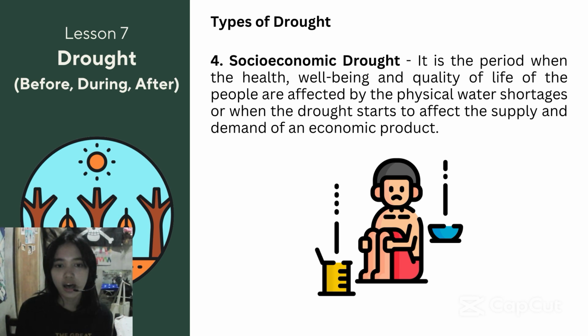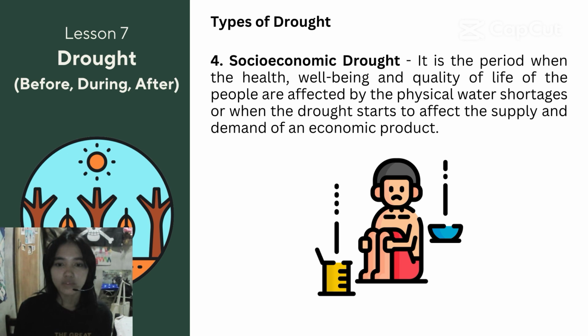And usahay nga tungod sa kakulangan sa tubig, ang mga tao kay mangayo na lang sa uban nga country or magpa-support na lang sa uban nga country since kanang mala namang gyud kayo ang ilahang water supply dadto. So ma-consider na siya nga socio-economic drought.